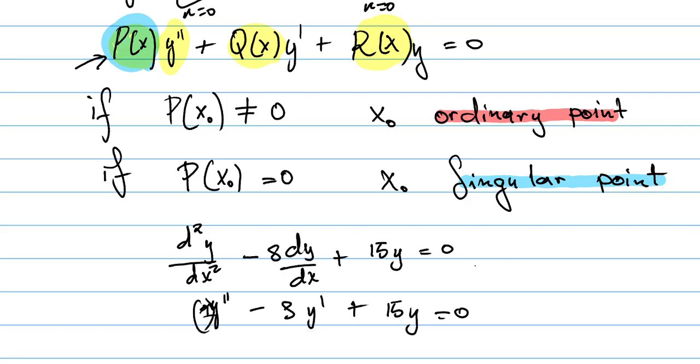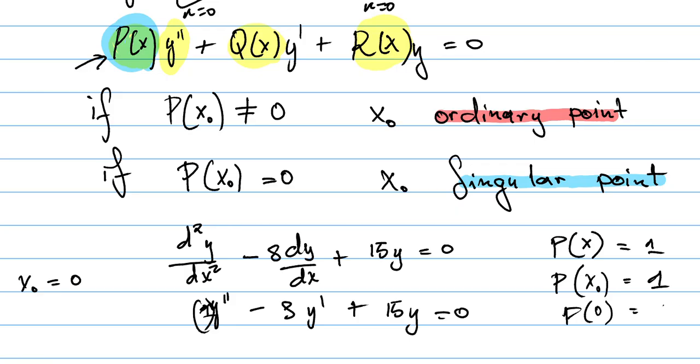So since p of x is equal to 1, let's say we are given that x naught is 0. If you plug in your x naught here, you still get 1. Your x naught is 0, and you're still getting 1.